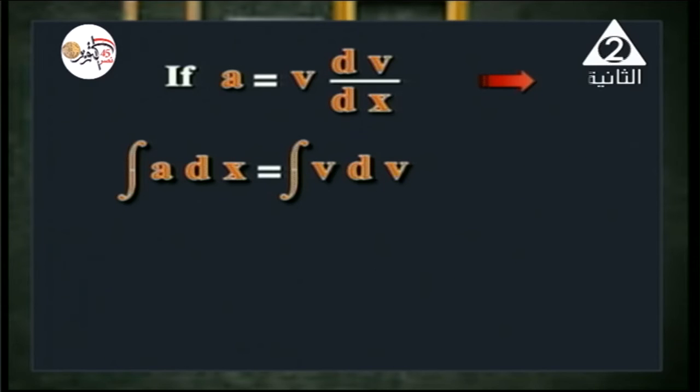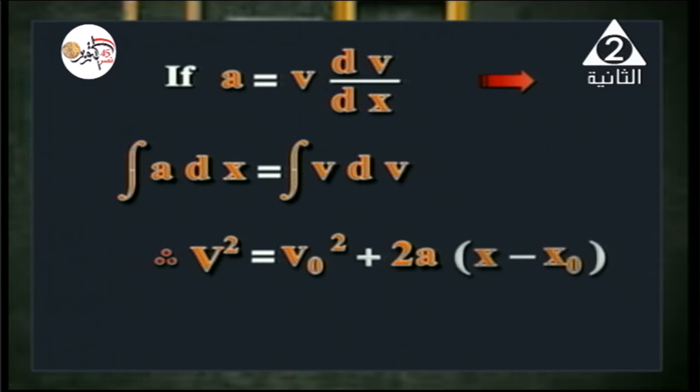Therefore, my dear student, we deduce that v square equals v naught square plus 2a multiplied by the bracket x minus x naught. And we know that, my dear student, x minus x naught equals what? Excellent student, s, displacement. By substituting x minus x naught equals s, we deduce the third law, v squared equals v naught squared plus 2as.